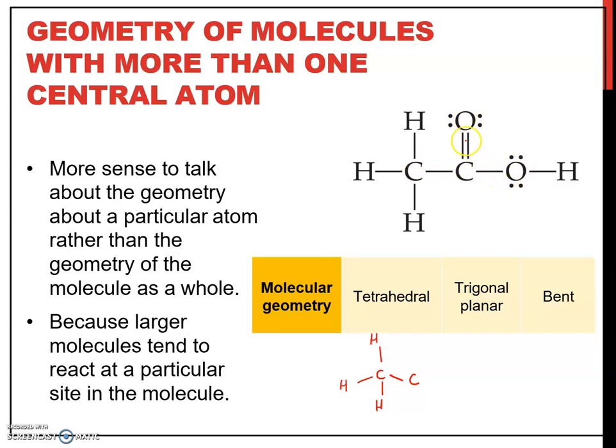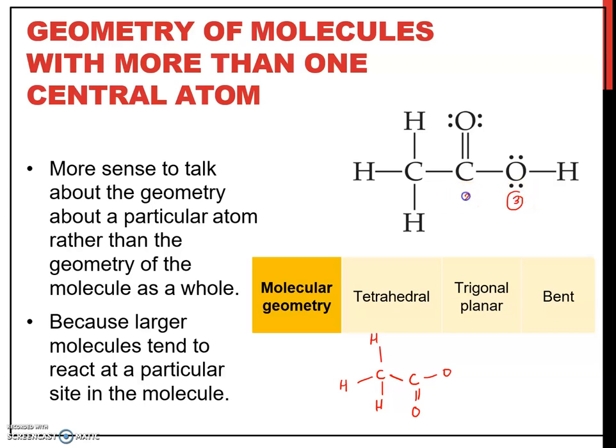Looking here, although it is a double bond, we count it as 1. So 1, 2, 3, 3 bonding pairs. 0 lone pairs on the central atom. So the geometry is trigonal planar. Remember this from before. So trigonal planar.